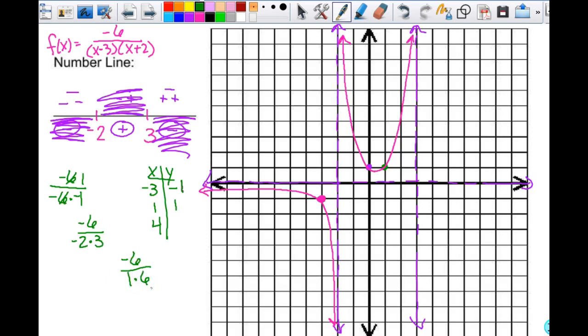What's that? -1. So I go to 4, -1. Do you think that's enough? Yes, because it's going to have to hug these asymptotes like so, and that's your graph. So even that one that's kind of weird, just understanding the pieces that you have and throwing in a few more points, we got enough to get it right.